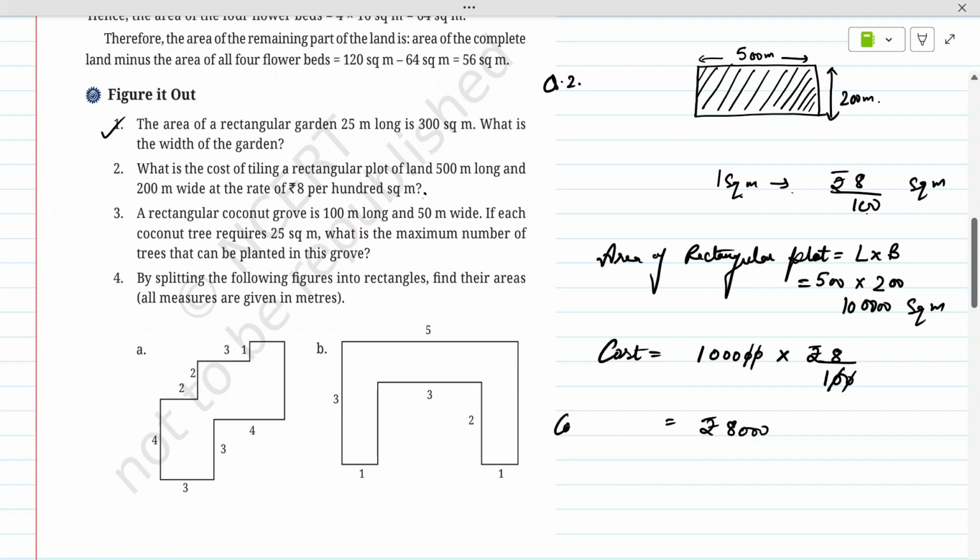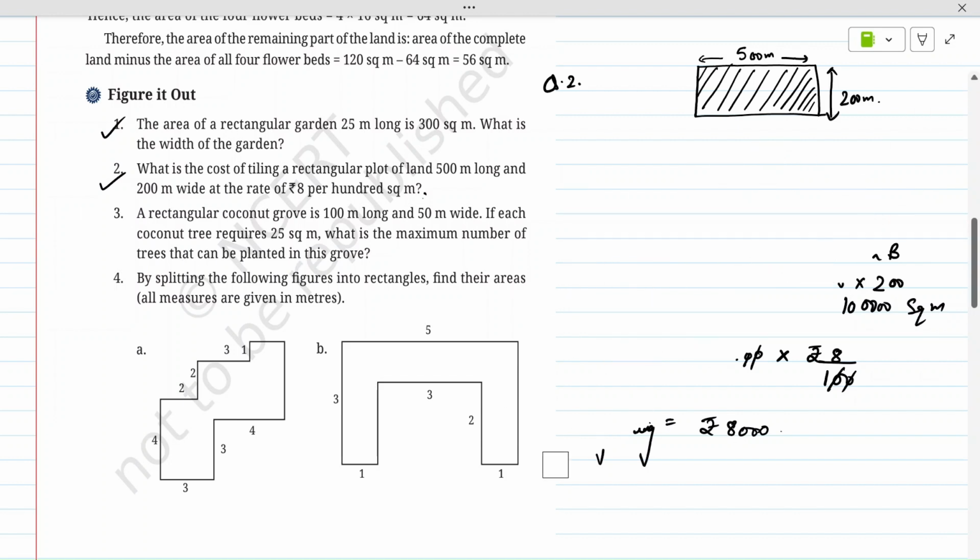Okay, so this is the cost of tiling the plot. How have we done it? We find the area first where the tiling needs to be done, and then the cost of rupees 8 per 100 square meter is given to us, and we need to find the total cost, which we can multiply and find out. Okay, this is easy.